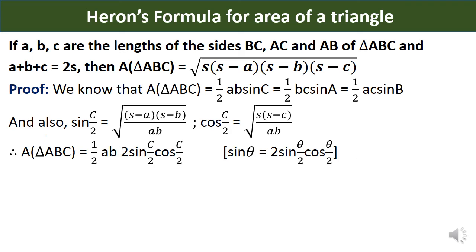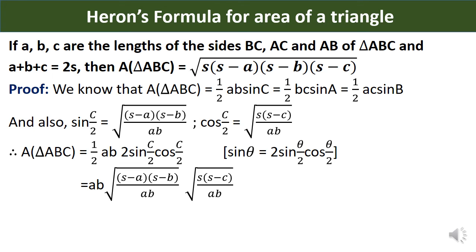So, area of triangle ABC, if we take it as half ab sin C, can be written as half ab times 2 sin C by 2 cos C by 2. Remember, sin theta is equal to 2 sin theta by 2 cos theta by 2. Therefore, sin C can be substituted in this manner.